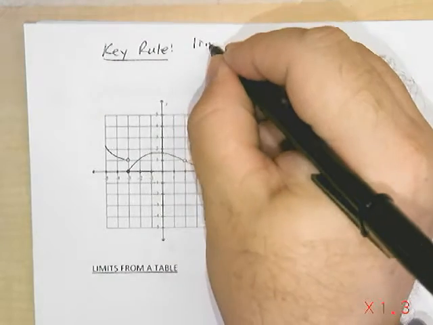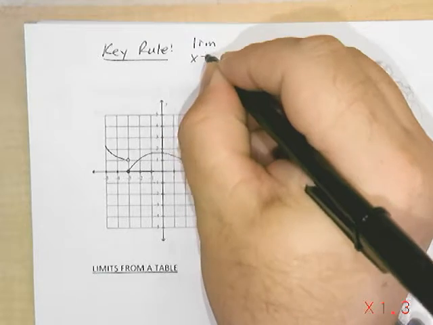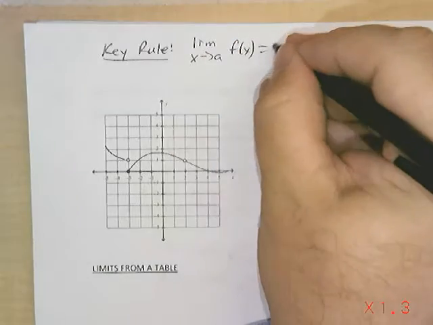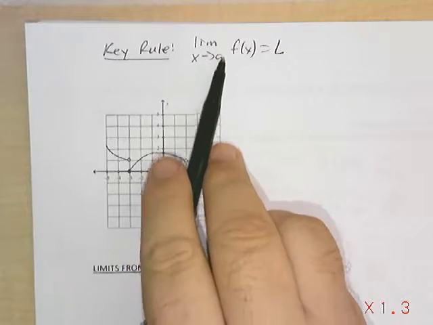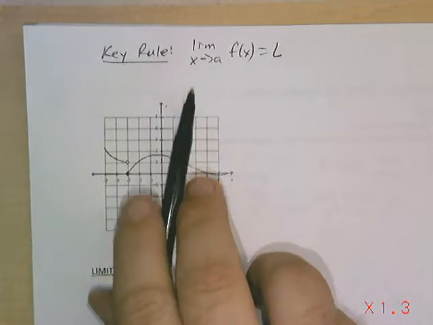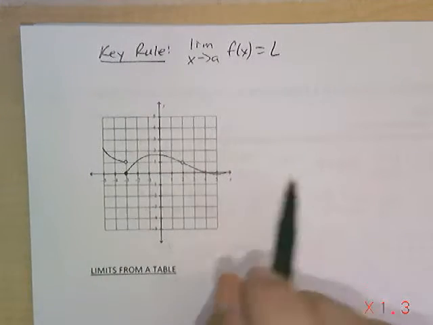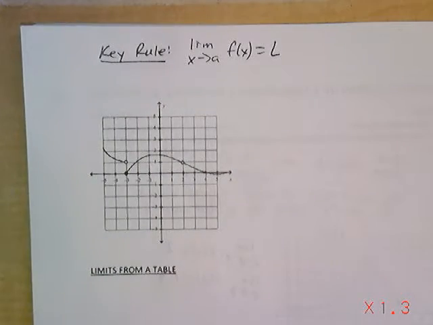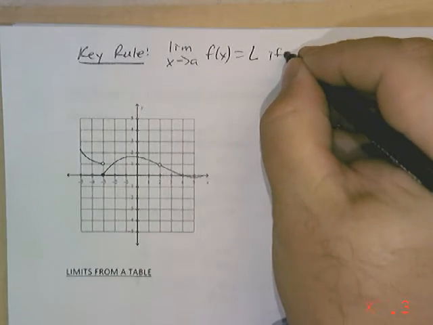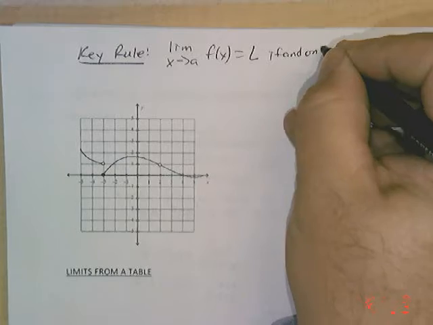Now if we do the other side, approaching -3 from the right, that's over here, and if I trace the curve from the right toward -3, that is approaching 0. So there's a jump in this graph here. There's a jump in the graph because these limits are not the same.